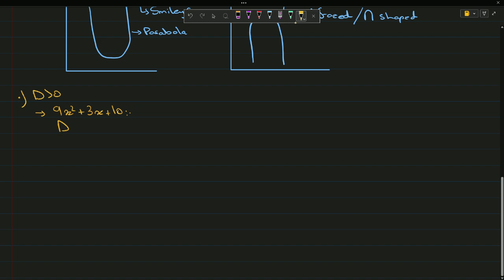Okay, the discriminant formula was d is equal to b square minus 4ac. So b square is the square of 9, minus 4, the coefficient of x square, which is a, times the constant term, which is 10. 9 times 10 is 90, and 90 times 4 is 360. I'll just confirm it because anyone in the world can be wrong.